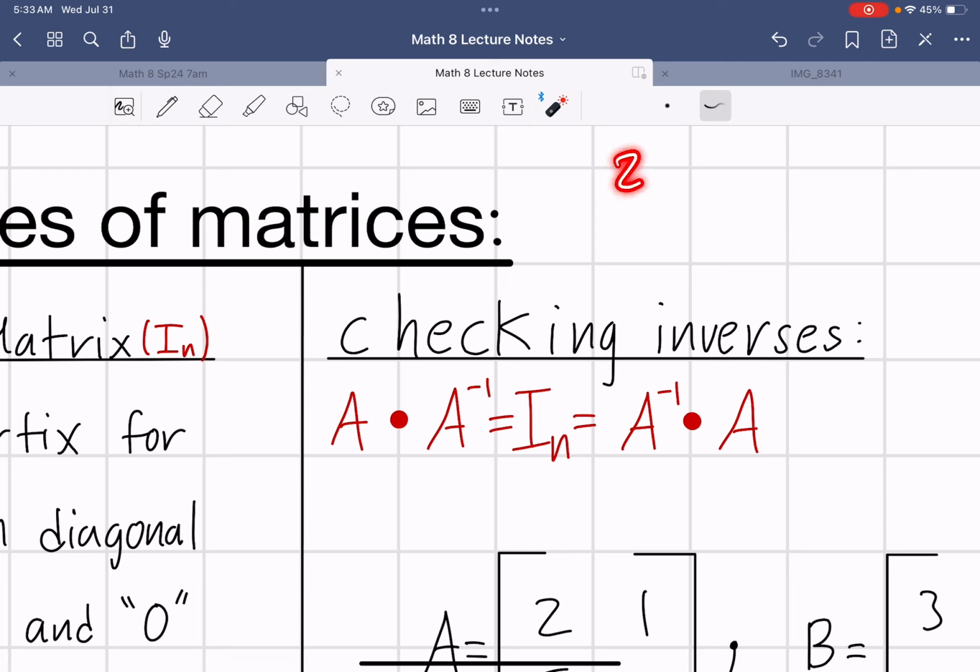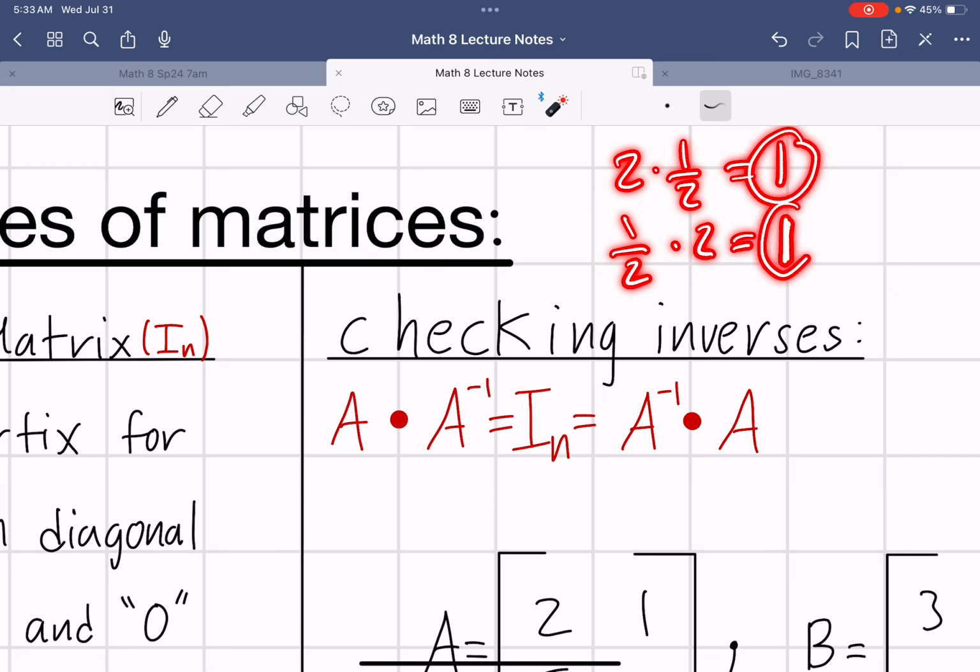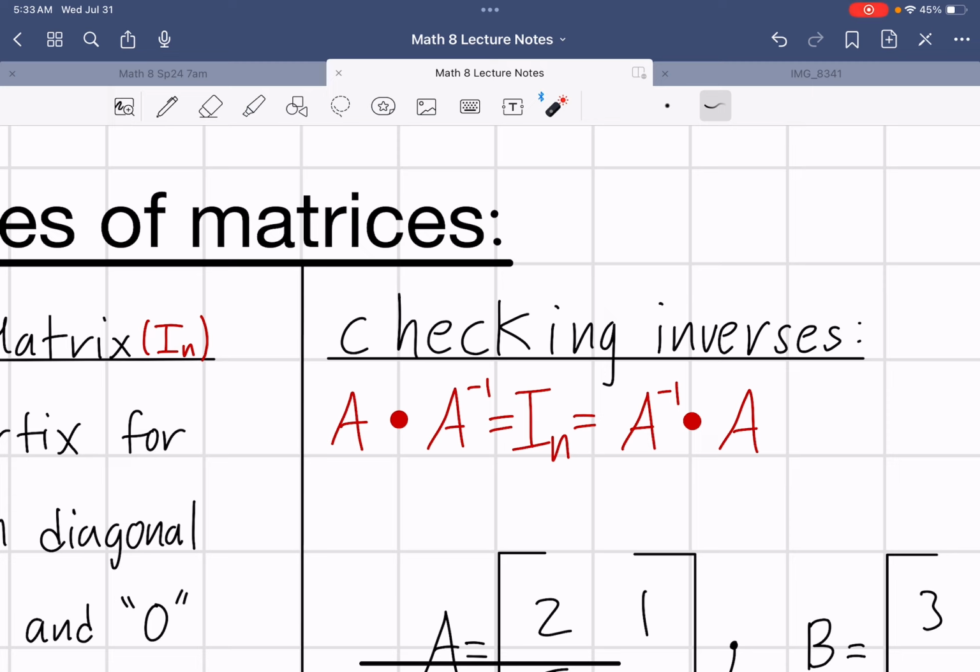I could do 2 times a half to get 1, or a half times 2 to get 1. So it didn't matter which way you multiply the numbers. As long as these two values are multiplied together, you're left with the multiplicative identity.